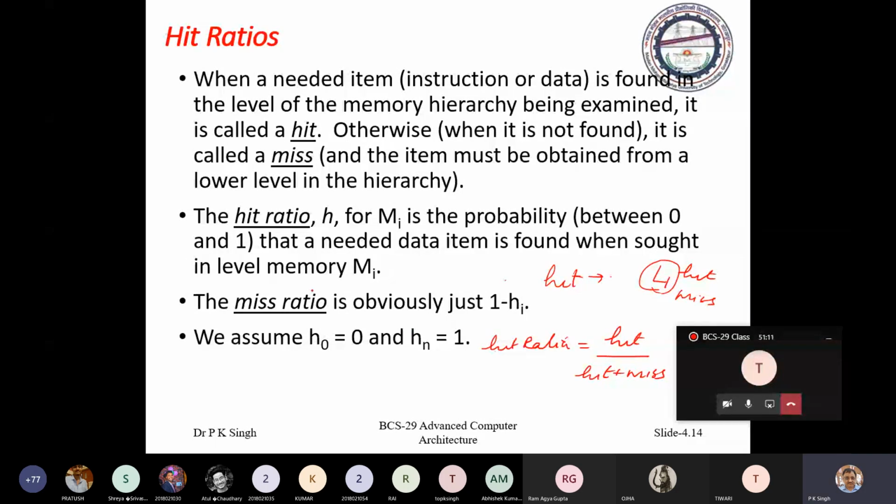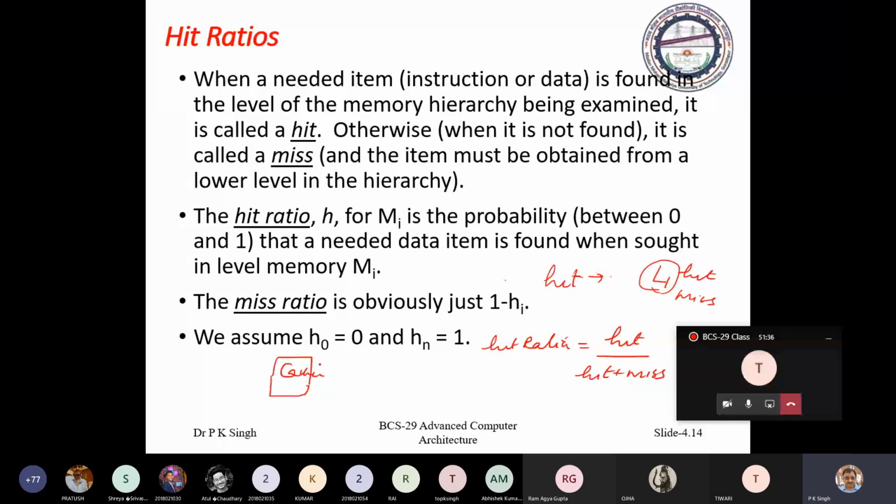Memory hierarchy, just see. Suppose you have the entire program in cache memory.